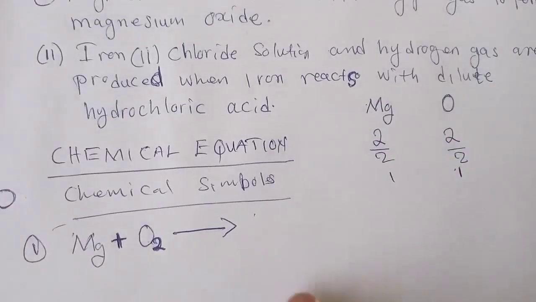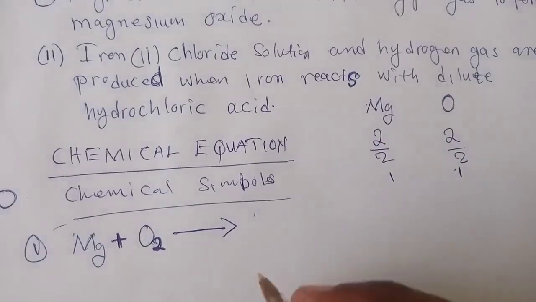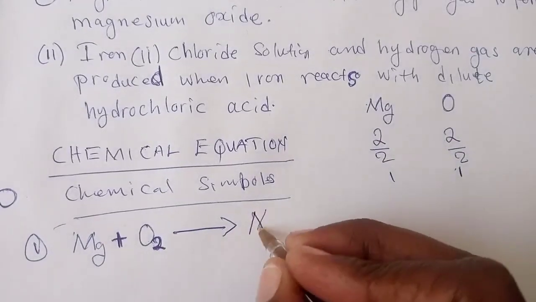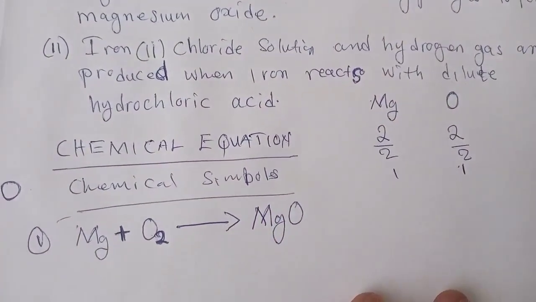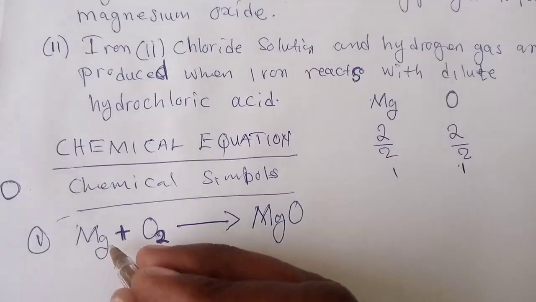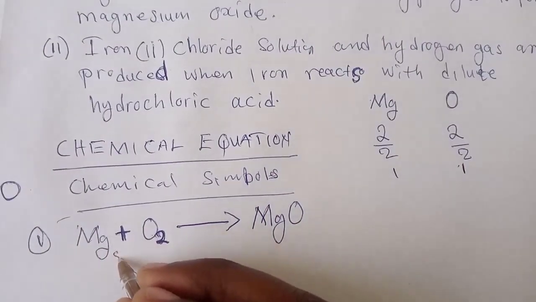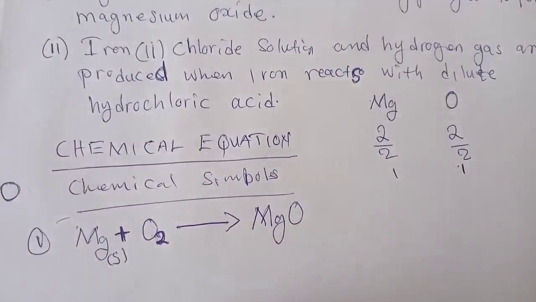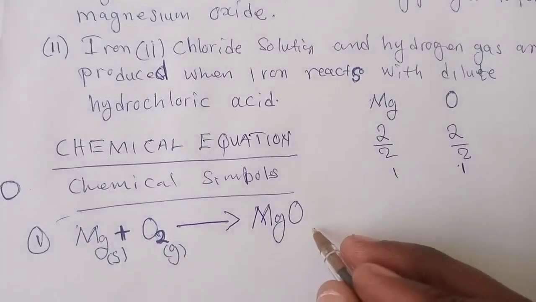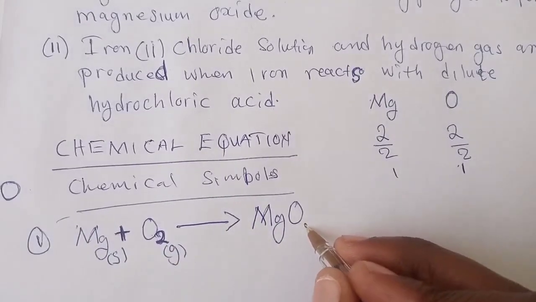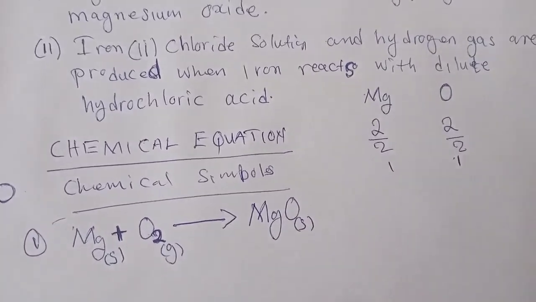So it is magnesium 1 and oxygen 1, written as magnesium oxide. Magnesium is in solid state, so you put the state symbol. Oxygen is in gaseous state. This is solid state.